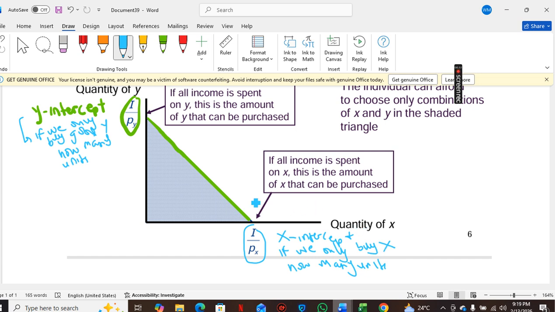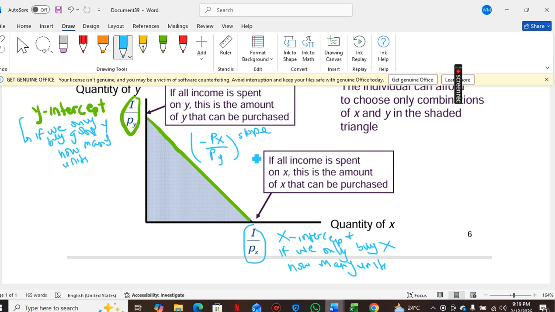Then we also have the slope. The slope of the budget constraint line is represented by negative Px over Py. Why is it a negative slope? Because the line is going downwards here.